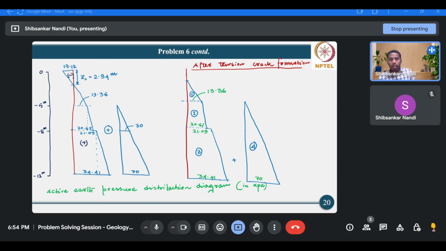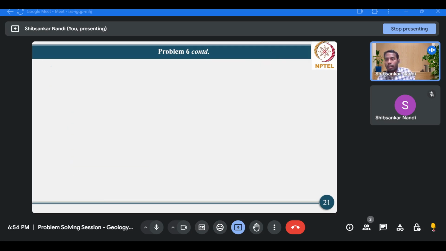Now we'll calculate the area of these individual components, and we'll add these areas to calculate the resultant active thrust, PA, the summation of PA1, PA2, PA3 plus PA4.